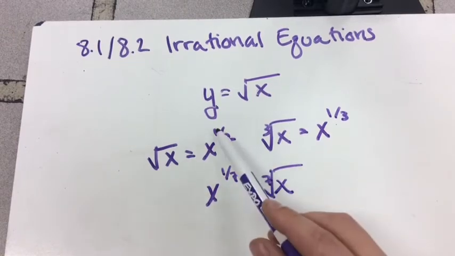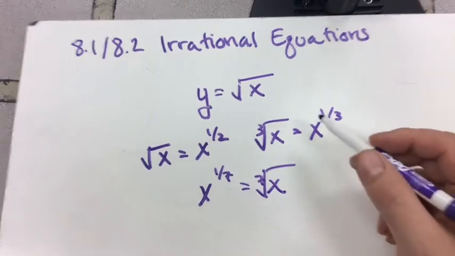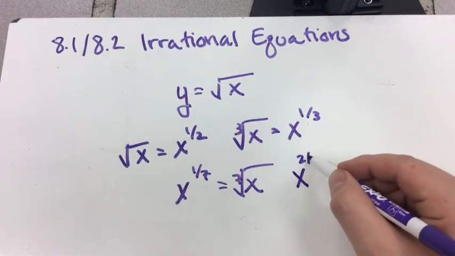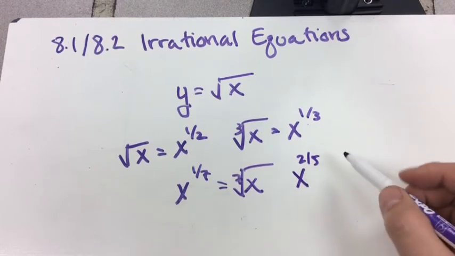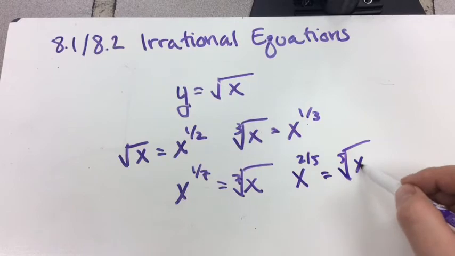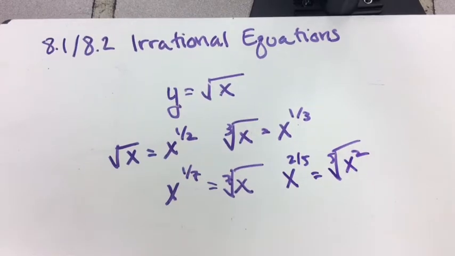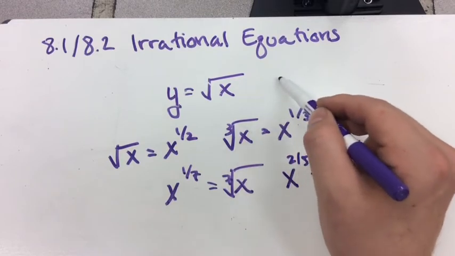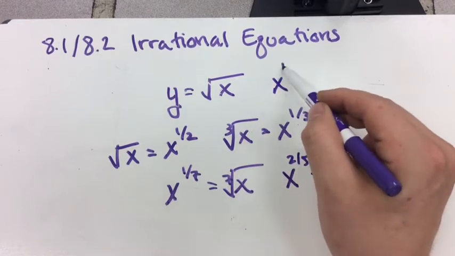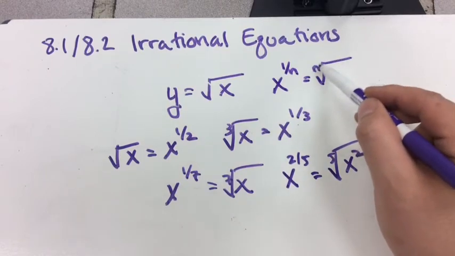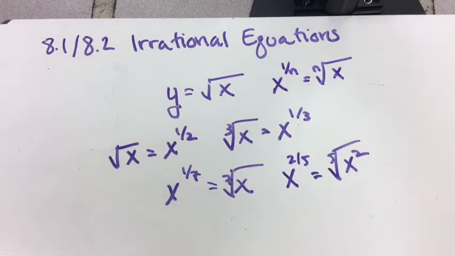And if the number on top isn't a 1, like x to the 2/5, that's saying this is equal to the 5th root of x squared. So overall, the golden rule here is that if x is raised to 1 over any n, it's the same as saying the nth root of x.